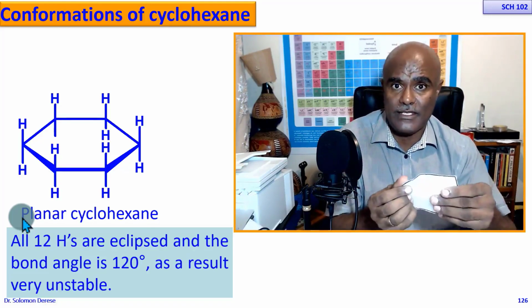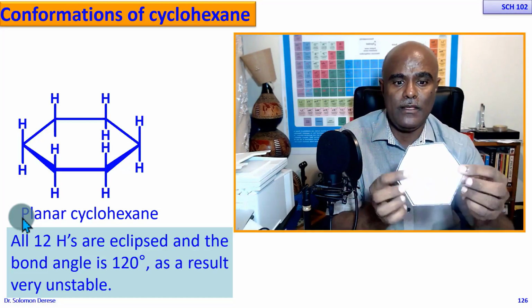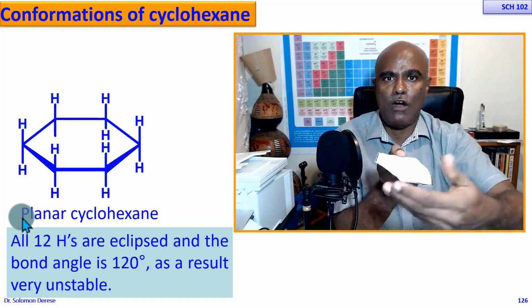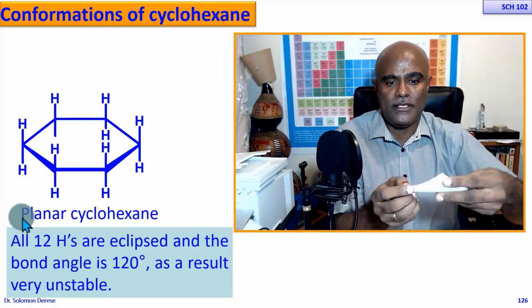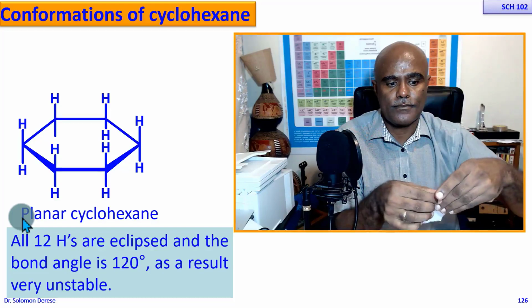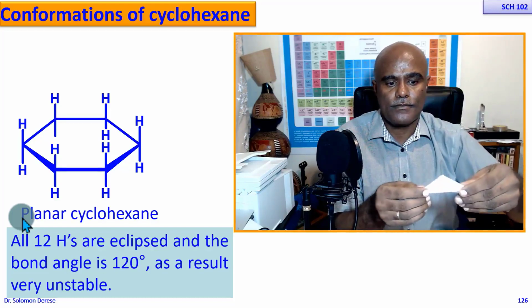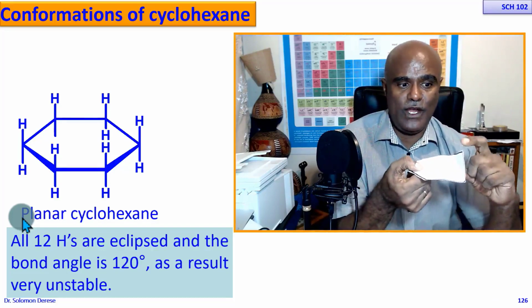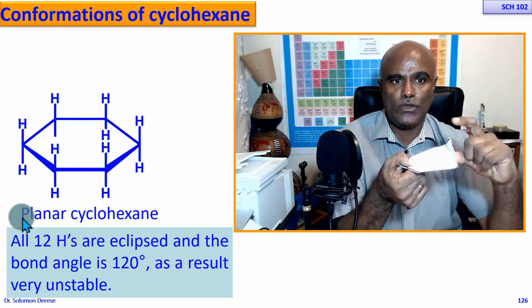How it does it is by allowing this carbon to come out of plane and go up like this. This is what has happened in the case of cyclopentane. Only one of the carbons managed to come out of plane.